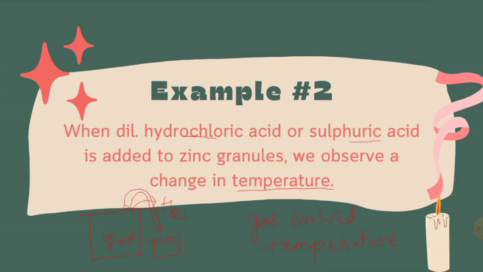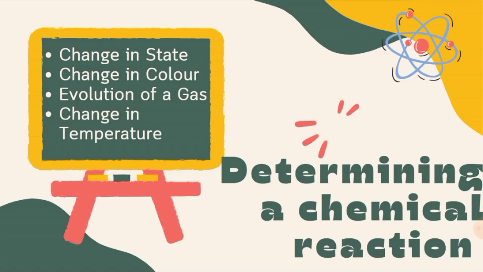Now we are able to figure out how to determine that a chemical reaction has taken place. These are the factors which help us determine whether a chemical reaction has taken place or not. I have given examples in order to make you understand these 4 things. Let's move on to the next part of the chapter, that is chemical equations.